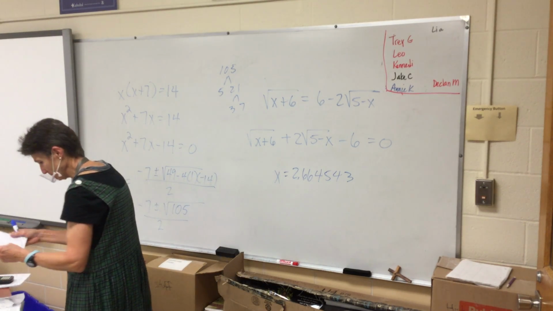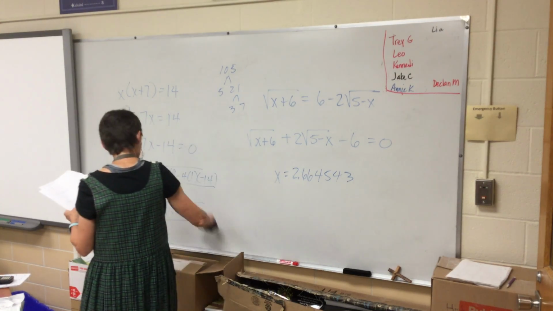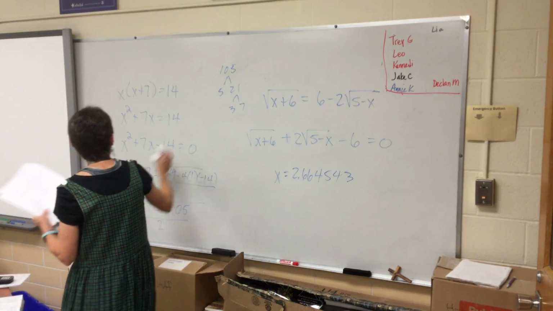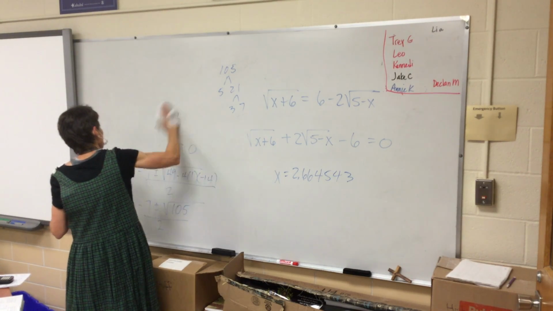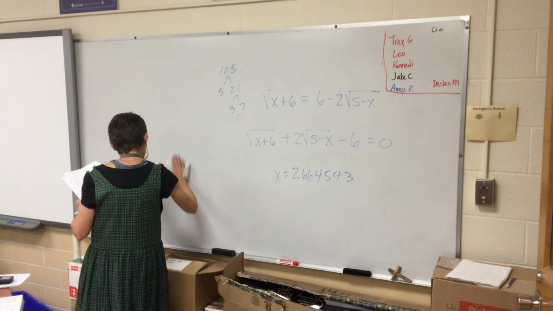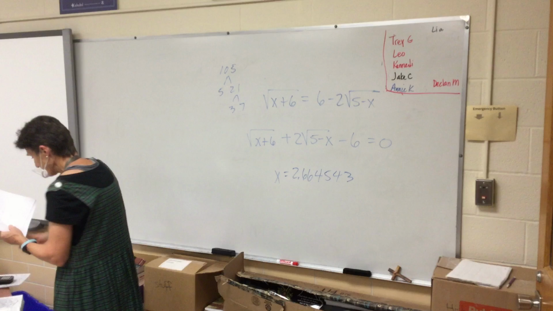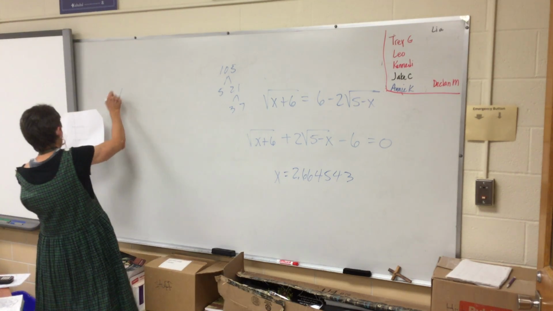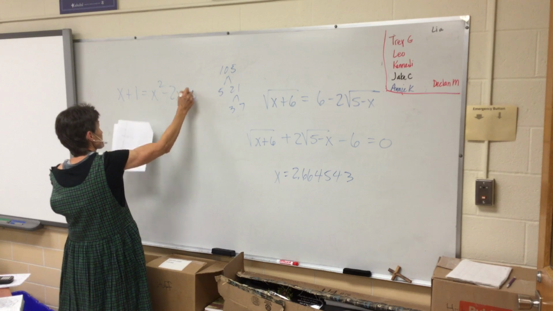There's one more. Now, B could easily be done by hand. That one would be a mess by hand. But this one could be done easily by hand. But let's practice one more time with our calculators. So again, either get it all set equal to 0 or graph it as two separate equations.